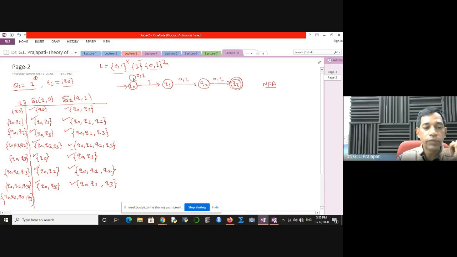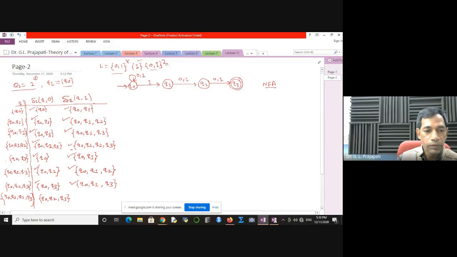So Q0, Q1, Q2, Q3. If you are at Q0 and getting 0, you are at Q0. If you are at Q1 getting 0, you go to Q2. If you are at Q2 getting 0, you go to Q3. Q3 getting 0, empty state. Q0, Q2, Q3.